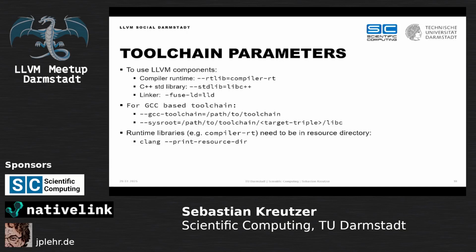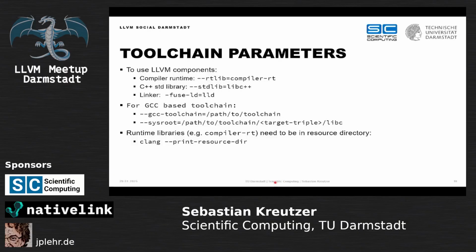Then for GCC-based toolchains, to pass the parameters needed, you can just set --gcc-toolchain and then the path to your GCC installation, and that will tell Clang to use this toolchain for everything that's not specified by flags like that at the top.